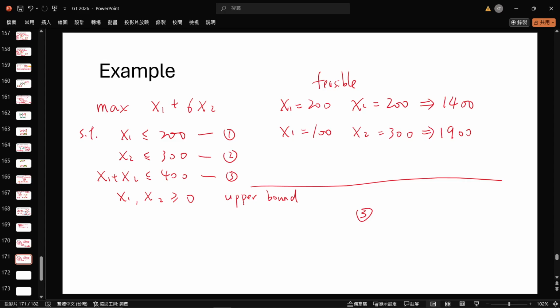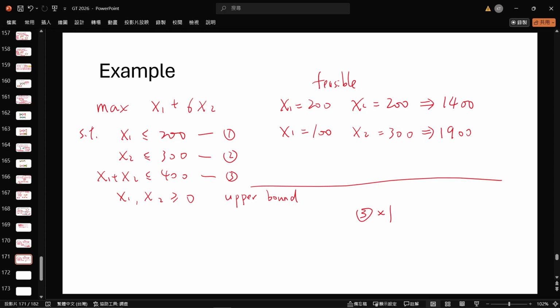If you assign a weight of 2, then you'll get 2x1 plus 2x2, so this becomes 2x1, which is greater than x1, so they don't match. We want to match exactly the coefficients here, so we're going to just have one copy of the third constraint.